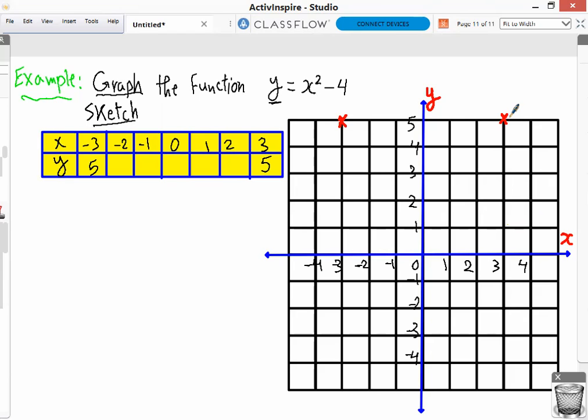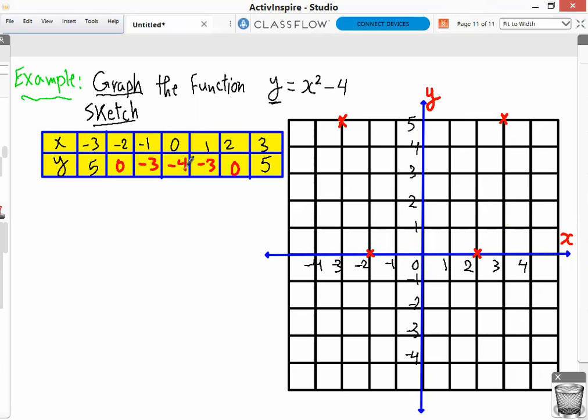What about 2? 0, yes. What about negative 2? 0, good. Then we have 2, 0, and negative 2, 0 here. What about 1? And negative 1 and negative 1 is the same. What about 0?